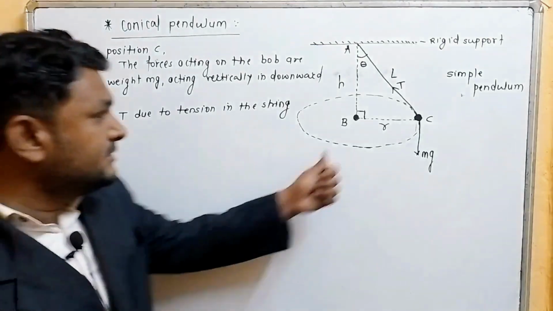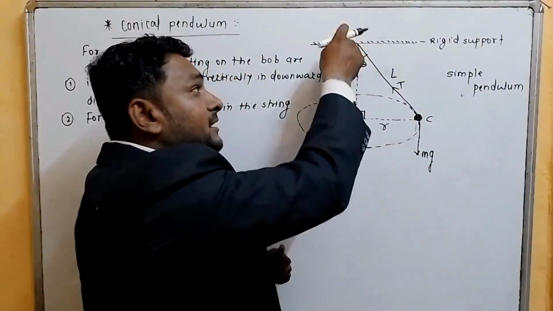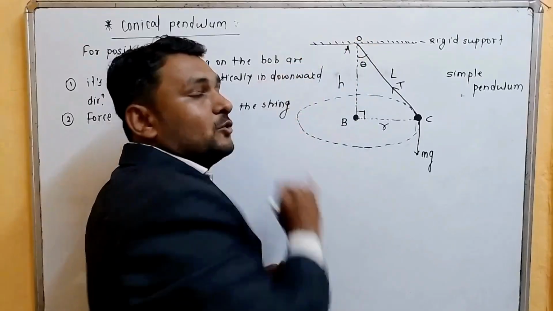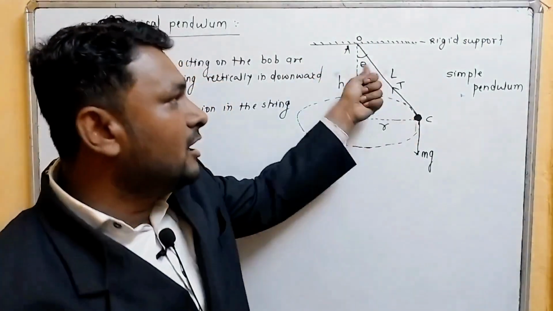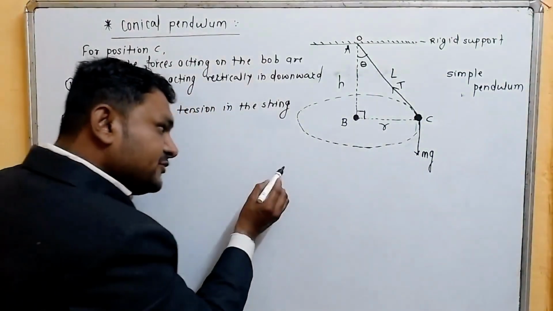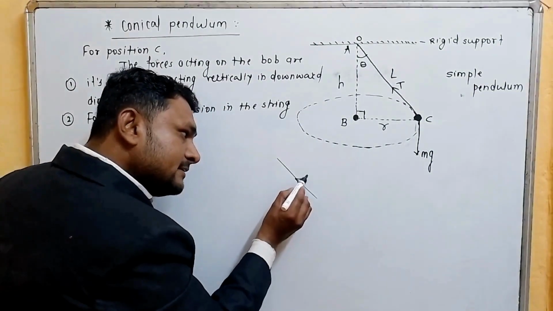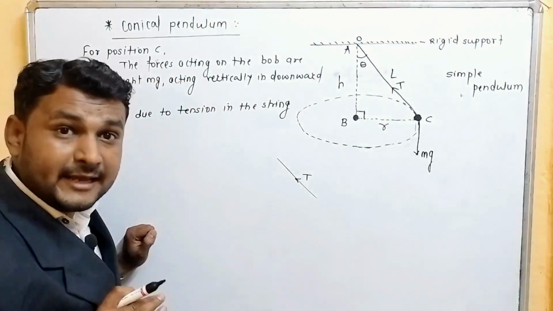And that is acting towards the center O or towards the center A. You can call this point O, or we can say this tension is acting in upward direction. So see here, this tension is nothing but the inclined force, isn't it?